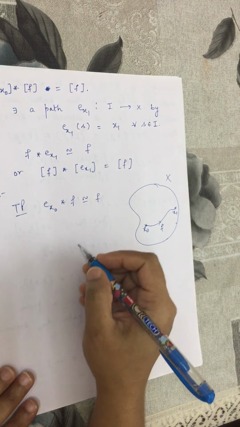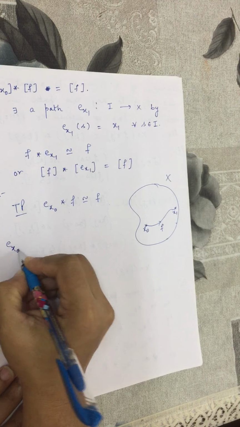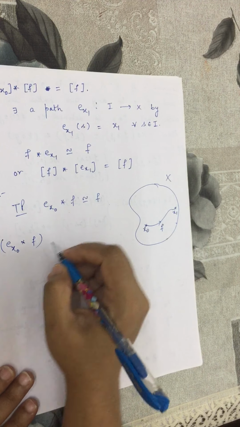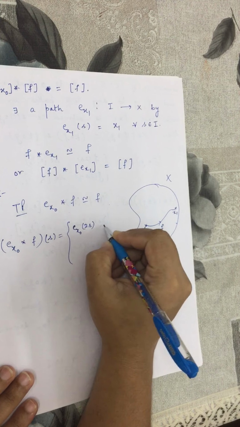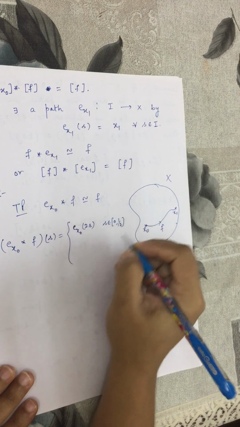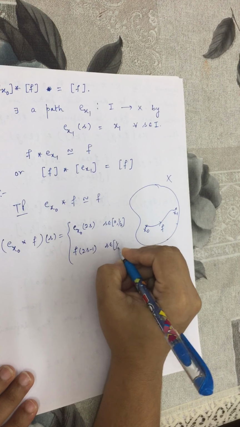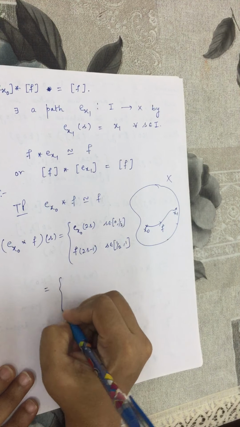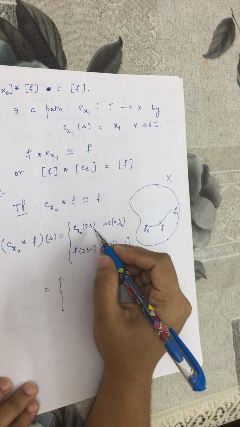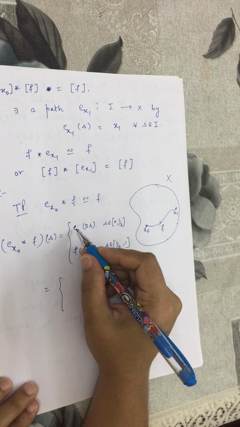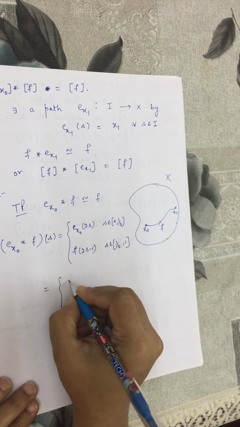So firstly, what is this path e_x0 star f? By definition, the product of paths is defined by the first path at 2s for the first half interval and the second path at 2s minus 1 for the rest of the interval. Since e_x0 is a constant path, whenever s belongs to 0 to 1/2, 2s belongs to the whole interval 0 to 1, and for any point in the interval 0 to 1, e_x0 at that point is just x0.